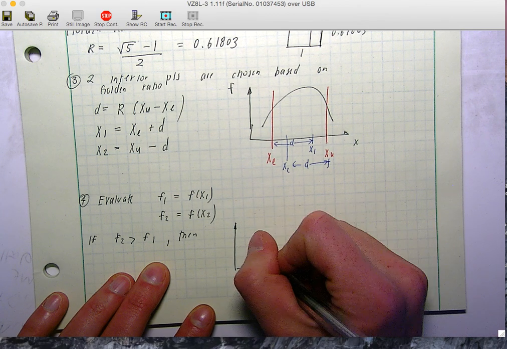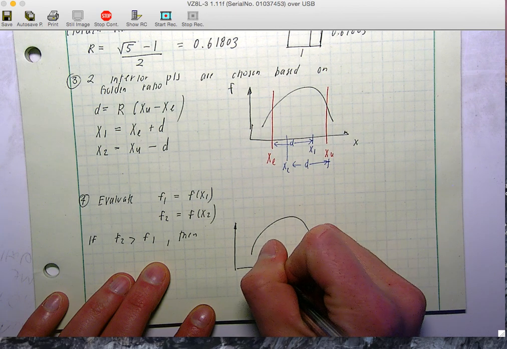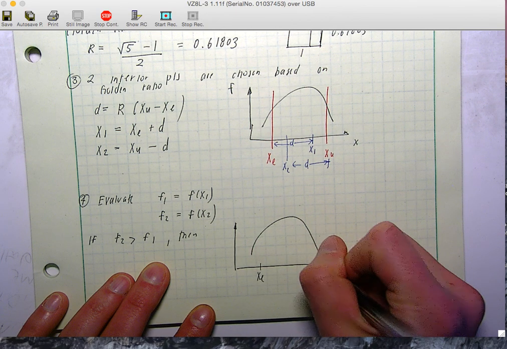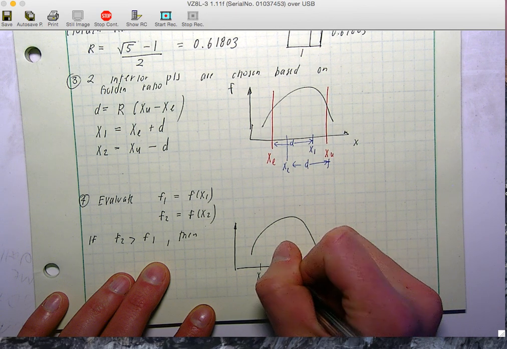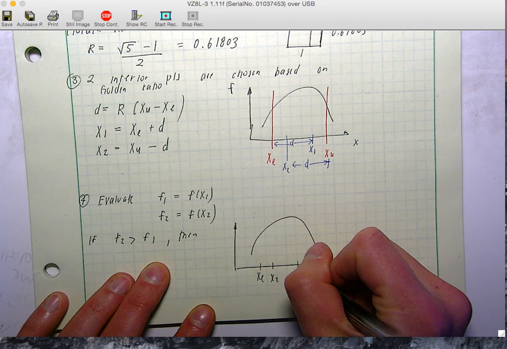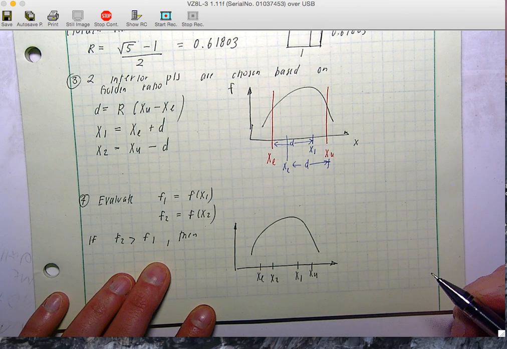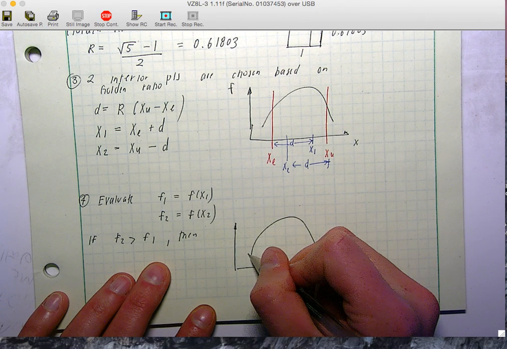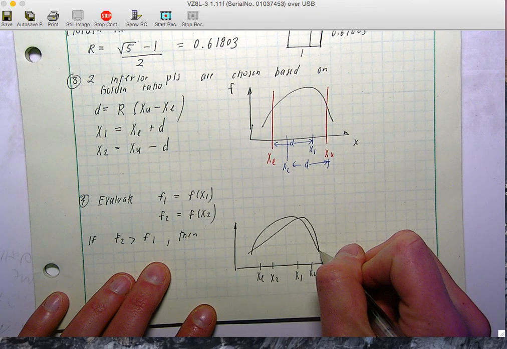then we have our lower point, our upper point, x2, and x1. So let me actually write this. Oh, I wrote it wrong. That's why.